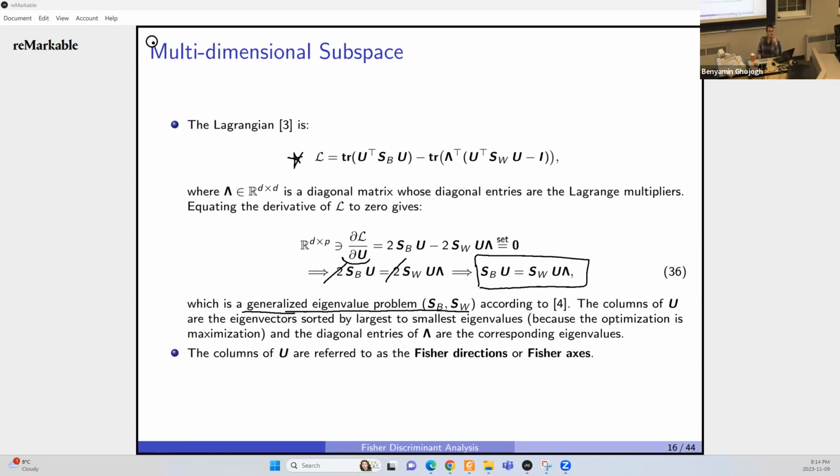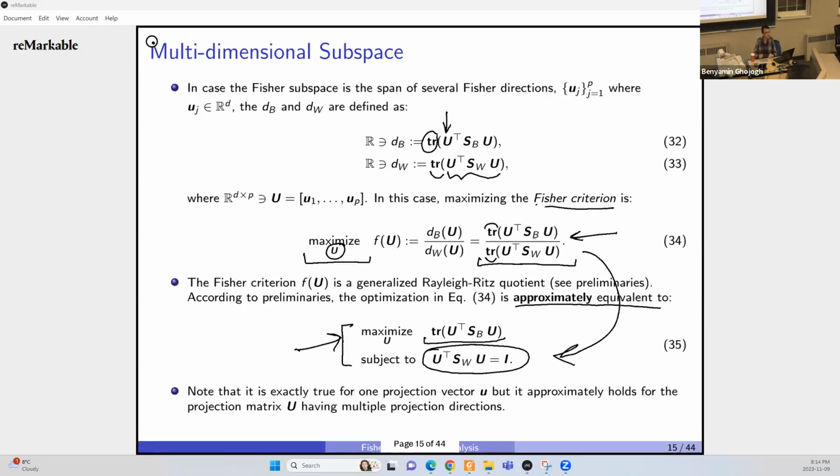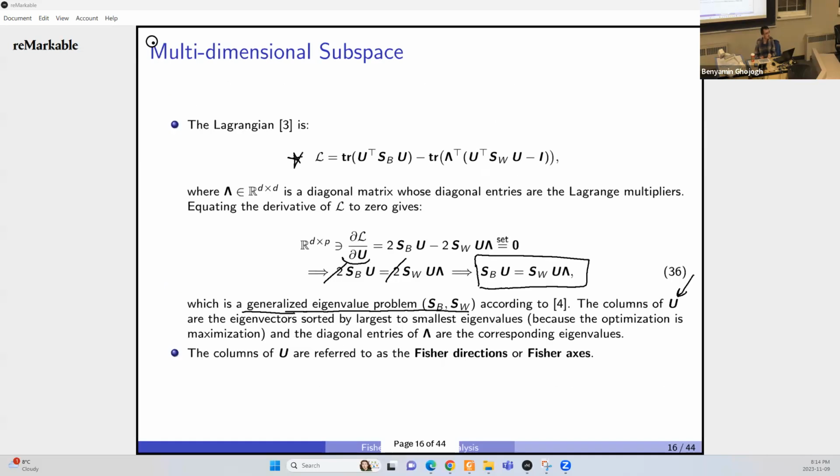This time it's not one eigenvector, it's multiple eigenvectors. By the way, we should sort the eigenvectors from the largest eigenvalue to the smallest eigenvalue because it is a maximization problem. And then we can truncate some of the columns of U so it becomes a Fisher subspace.